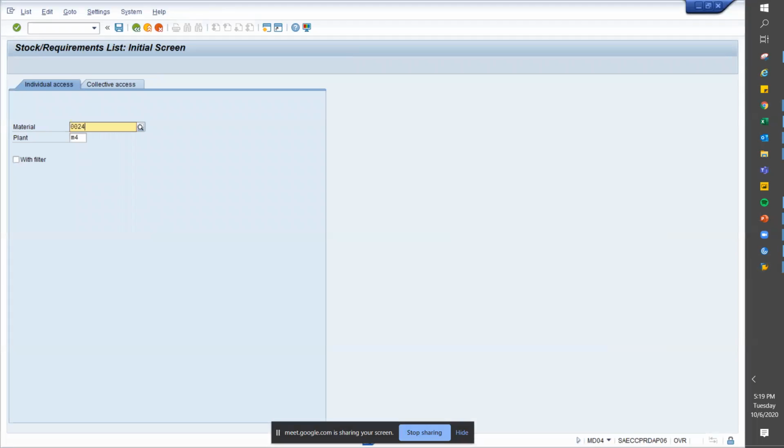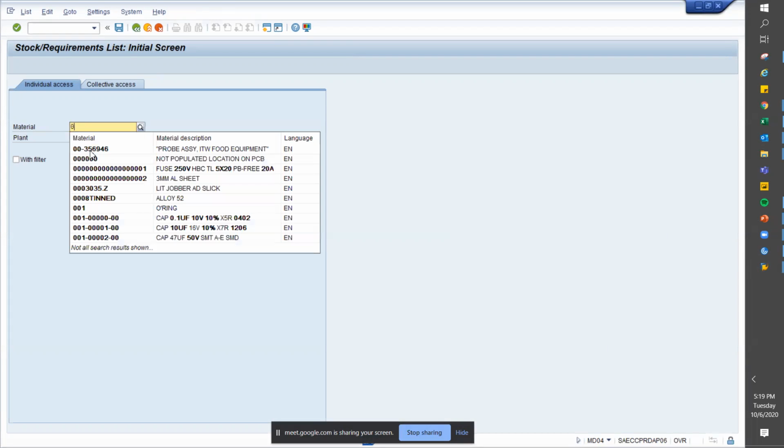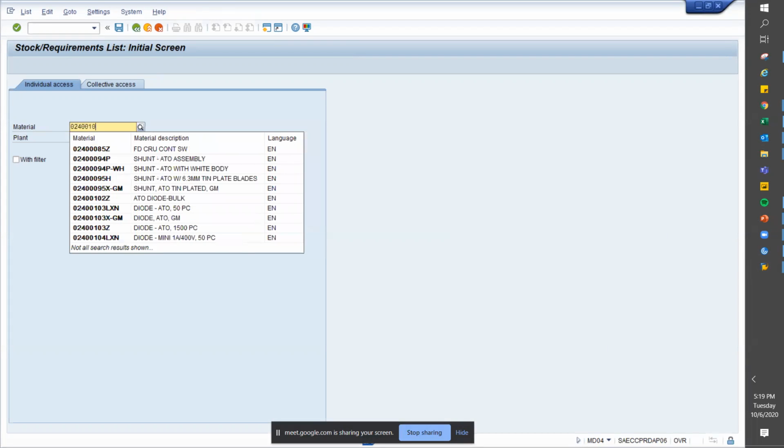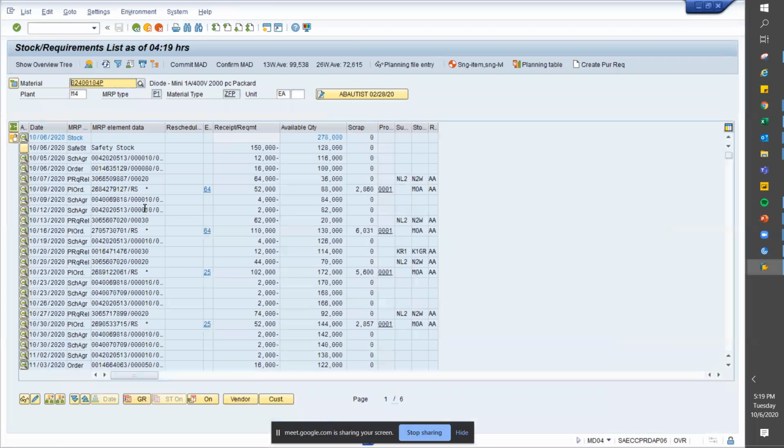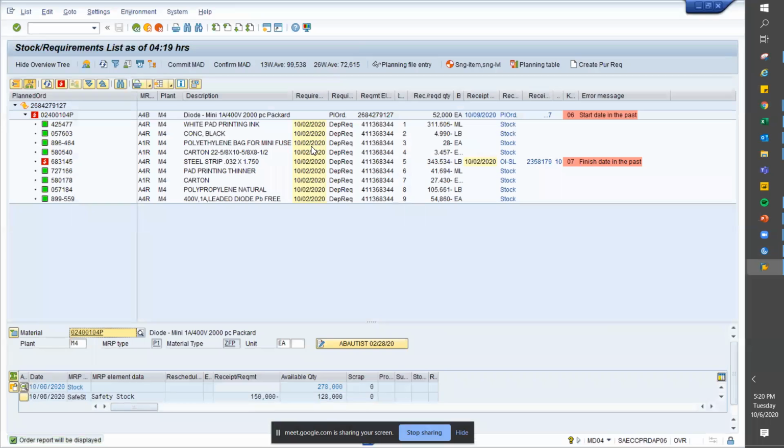Okay. So, this particular item is a finish good part. And then, ito yung sinasabi ko sa inyo na plan. 52,000 pieces. So, i-consider natin lahat mga component parts sa kanya, especially yung 1:1.